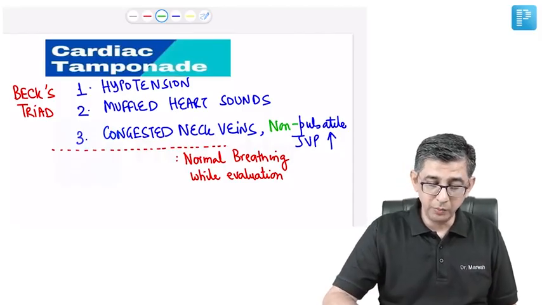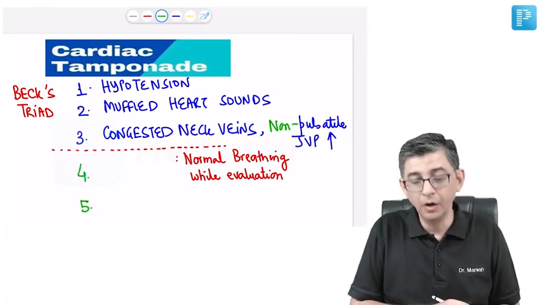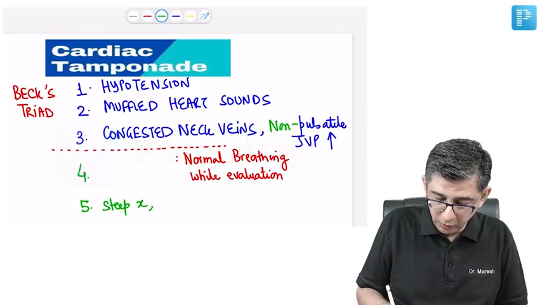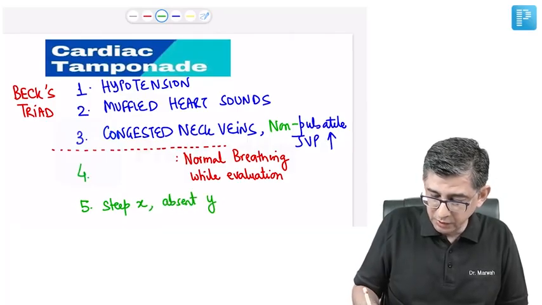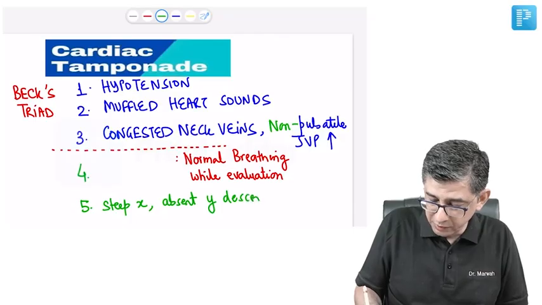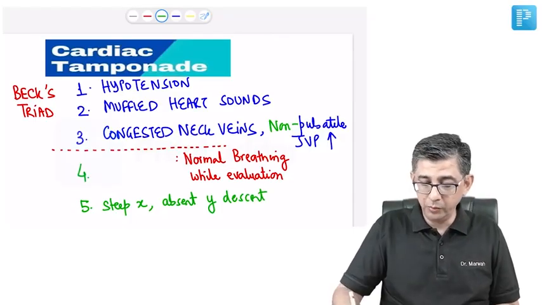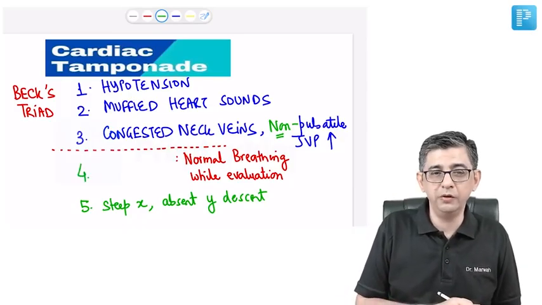In fact, this non-pulsatile thing could also be described as follows. He might write terms like steep X descent. You know about the waves in the JVP. So he will say steep X and absent Y descent. That absent Y descent means filling in the heart is not occurring. The word non-pulsatile elevated JVP could be written as point number 5. Both basically mean the same.